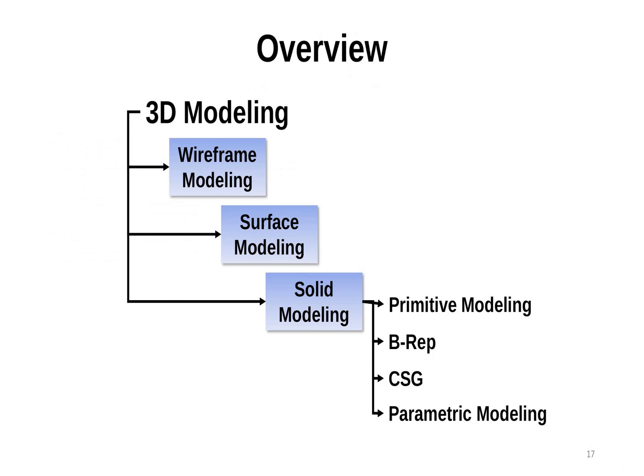So here we can see the overview of the types of 3D modeling that we have learned so far. We have 3D modeling techniques that are commonly used in computer-aided design and computer graphics. The first one, we have 3D modeling, the overall category for creating digital representations of a 3D object, on the top here.